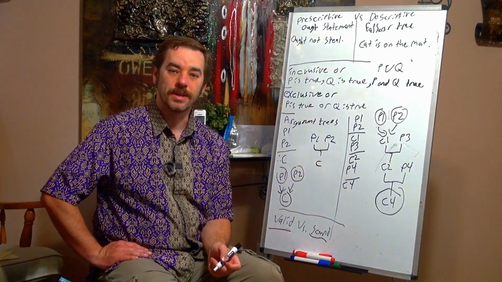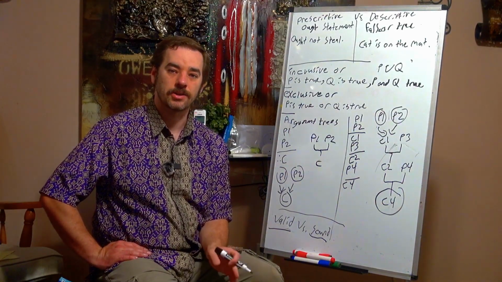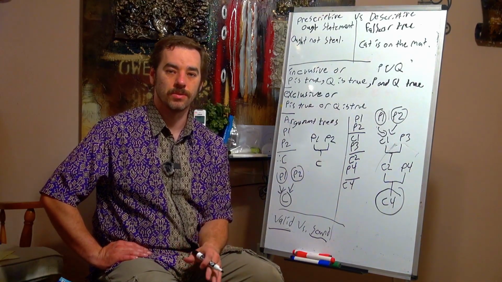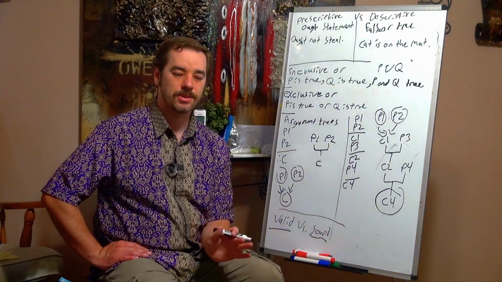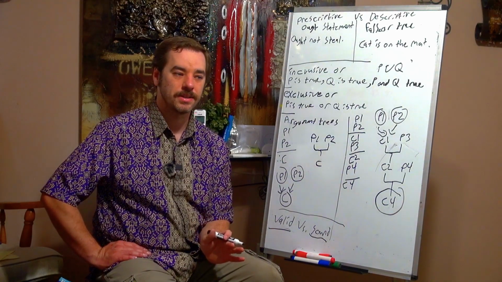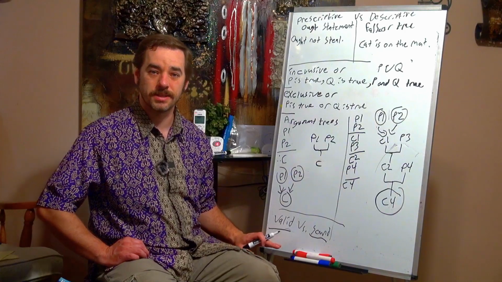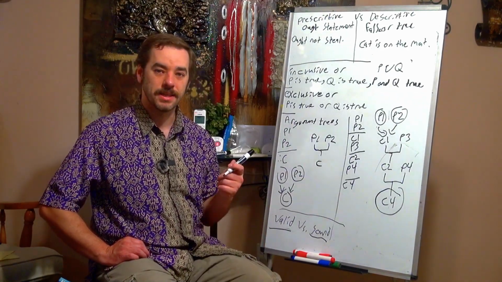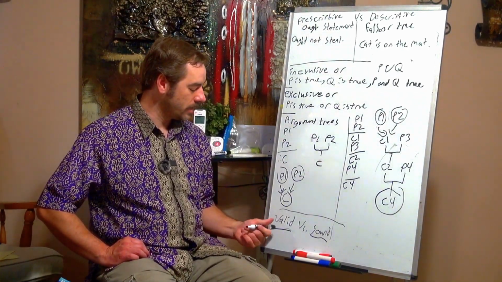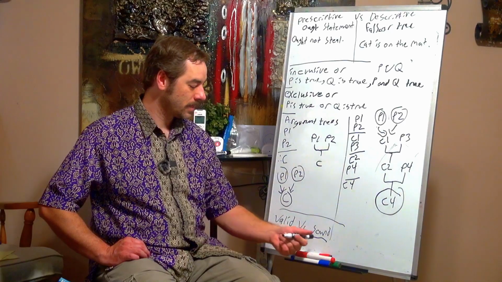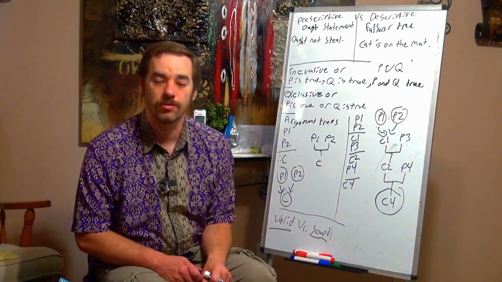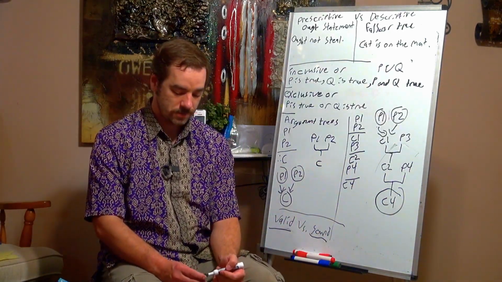Soundness deals with if the argument is actually true in the real world. That's the easiest way I can explain it. In various textbooks, you'll see a bunch of very complex definitions, but for me, that's the easiest way to remember. Validity deals with structure. Soundness deals with actual truth in the world, right?